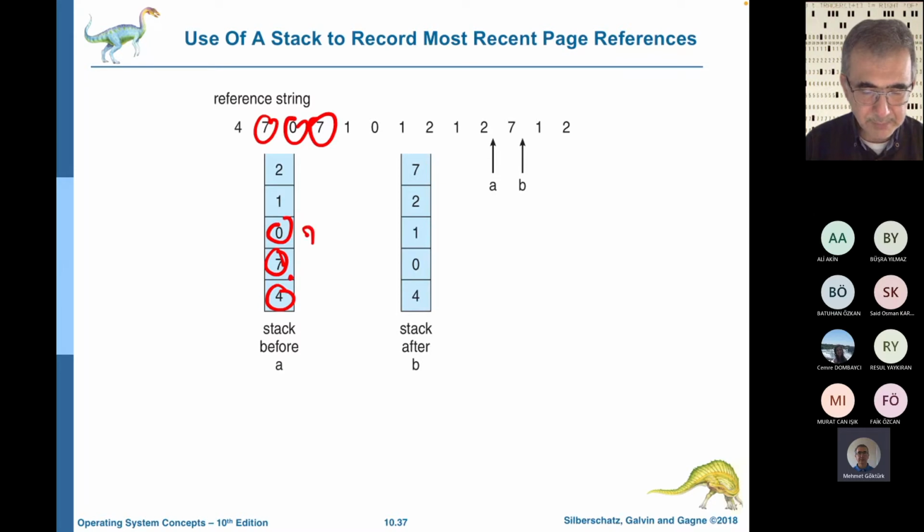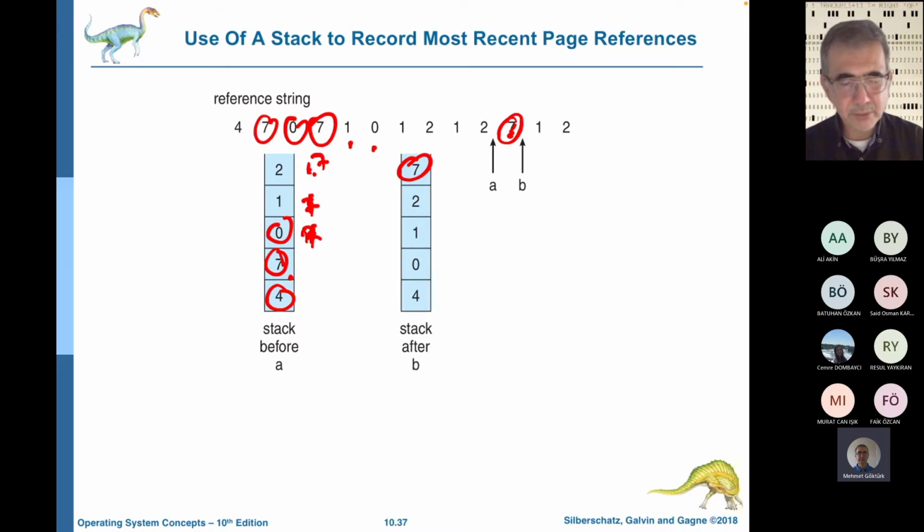So 7 goes up, at the top. 1 is referenced. 0 is referenced. 7 is here at that time. 1 is referenced, 1 is there, 7 goes down. 0 is referenced here. 1 is referenced here. 2 is referenced. 7 is referenced. So here 7 is referenced, 7 is at the top.